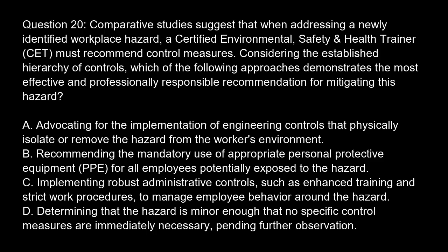Option B. Recommending the mandatory use of appropriate personal protective equipment (PPE) for all employees potentially exposed to the hazard. Option C. Implementing robust administrative controls such as enhanced training and strict work procedures to manage employee behavior around the hazard. Option D. Determining that the hazard is minor enough that no specific control measures are immediately necessary, pending further observation.